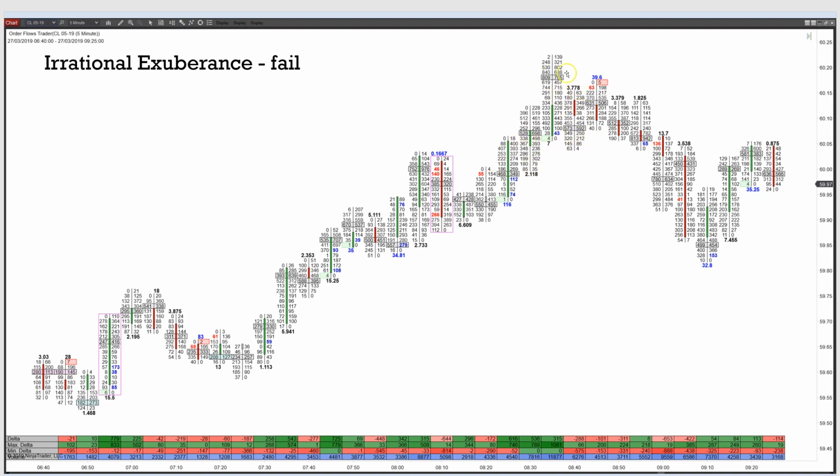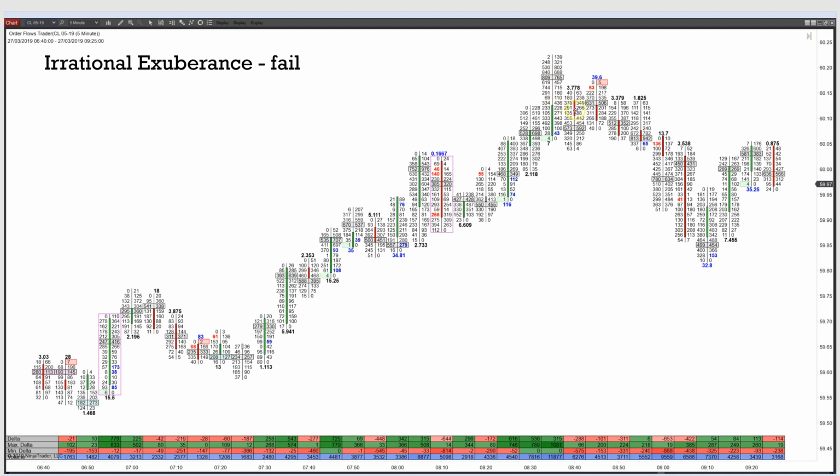Now, again, this bar is already starting to come off. For irrational exuberance, the trigger bar should close higher, much higher, closer to the high, rather than rally up and then sell off like this. Like here, right? We're closing right up here near our high, right on our high. But this one rallied up, then sold off.